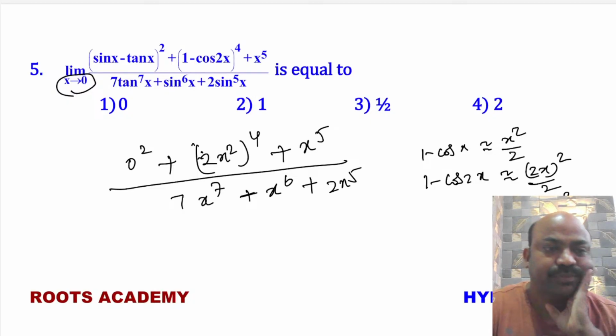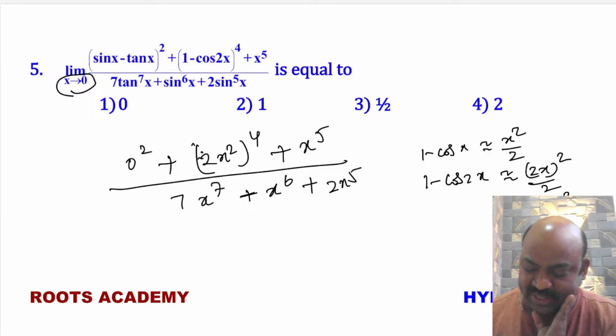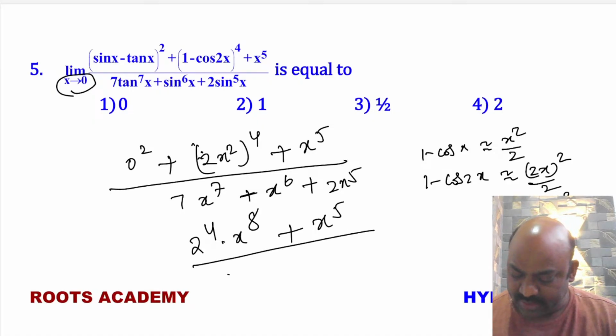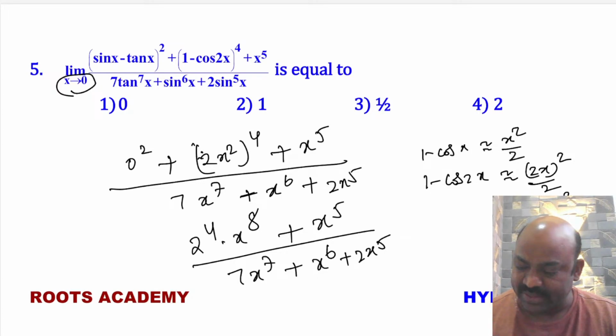Clear, dear? Can you take the things common? So in the numerator it is x power 8, x power 5, and in the denominator it is 7x power 6 plus 2x power 5. What I can do here is cancel x power 5.